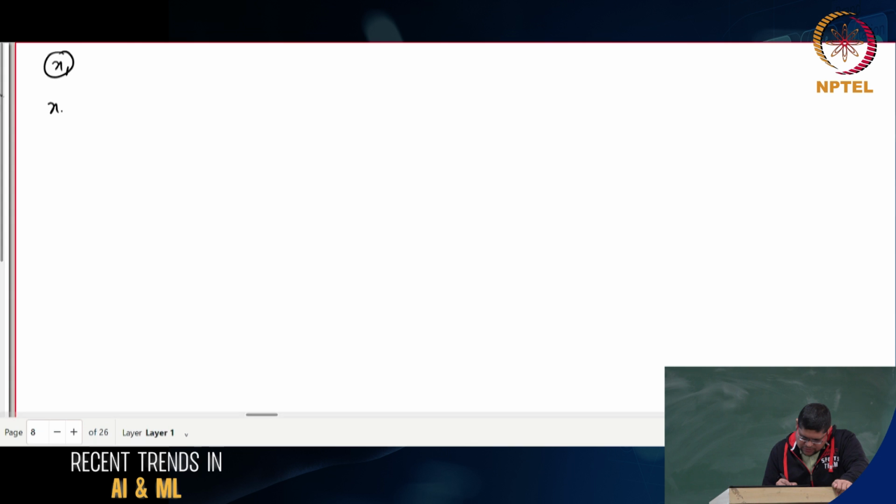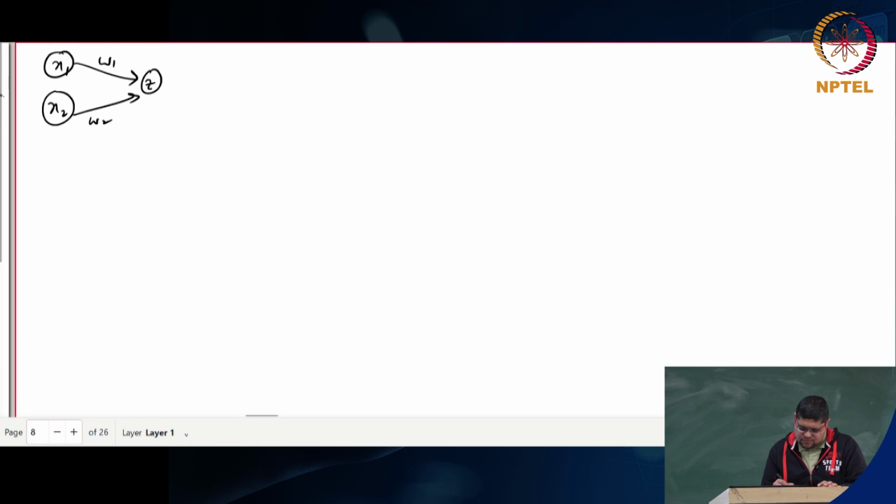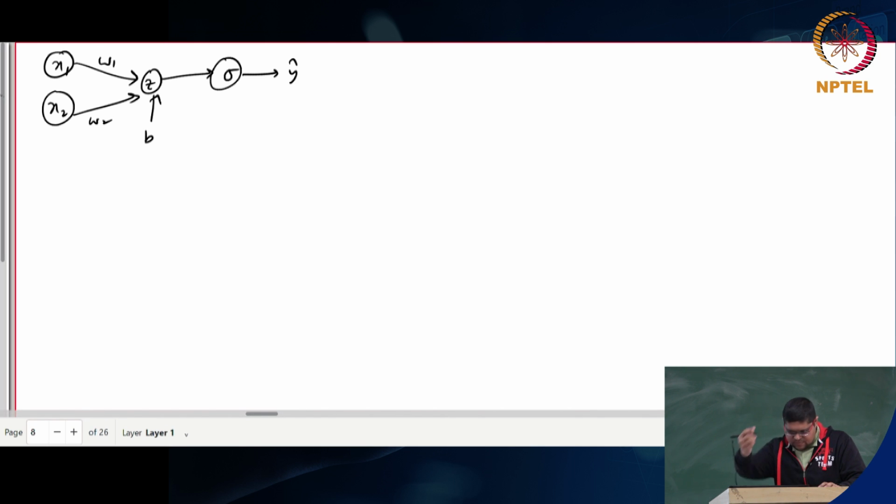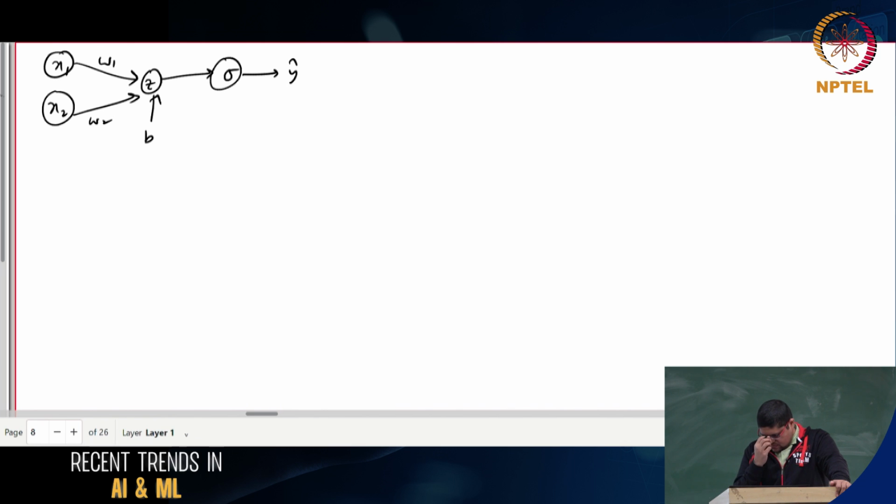So X1, X2, W1, W2, this bias component 1, this sigmoid, this y hat. Okay. So we'll have two types of propagation.